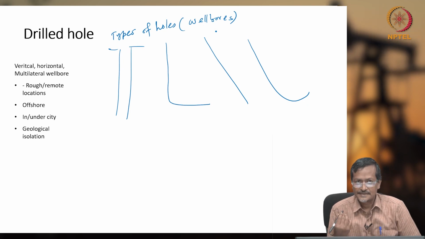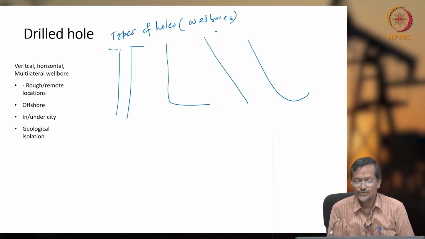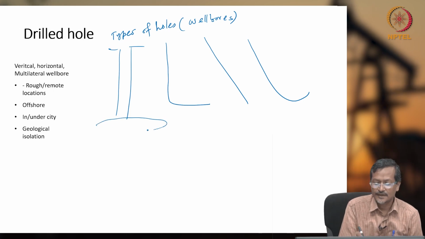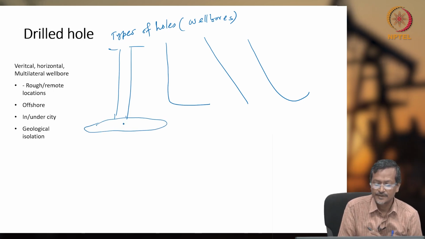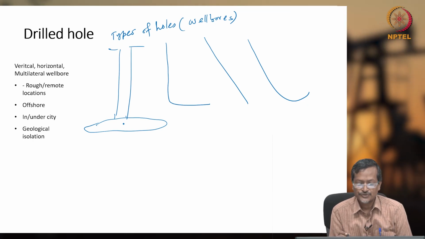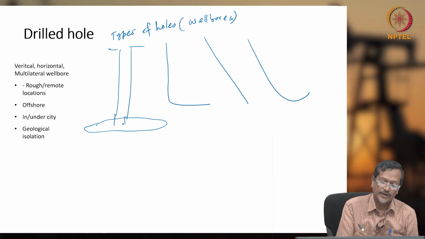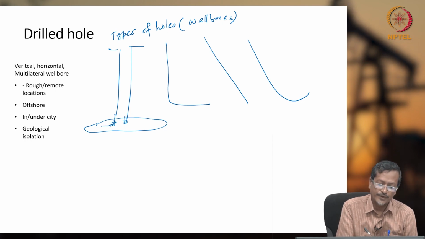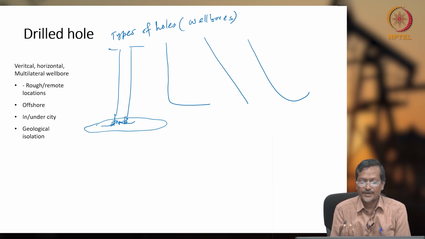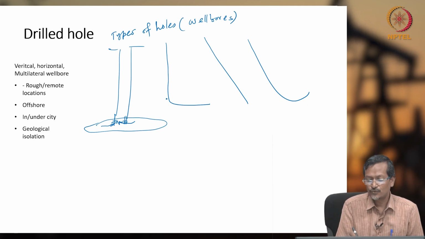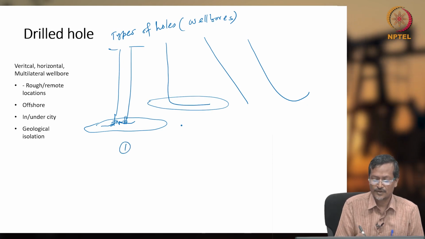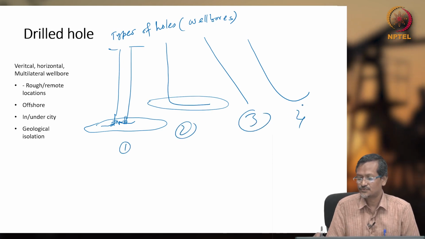A vertical well is very easy to drill, but there is an issue if the reservoir is very thin and you want to get more production. In that case, a vertical wellbore will give a very small connection area, so fluid will enter through these holes and the flow rate will be very low. Let's say the reservoir is like this, and this wellbore is 1, this is 2, this is 3, this is 4.